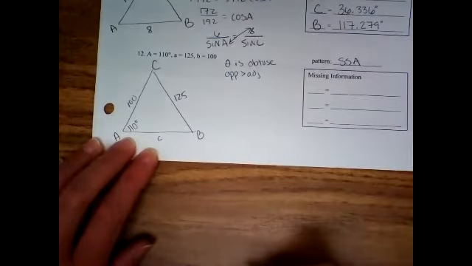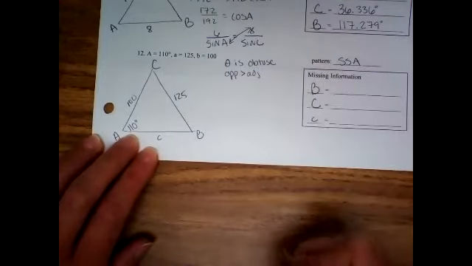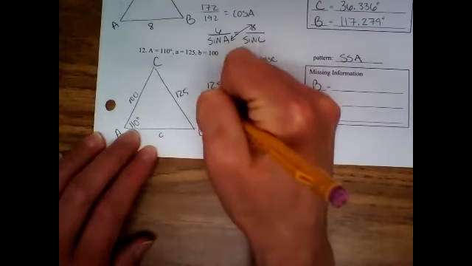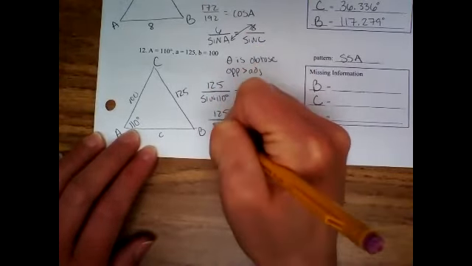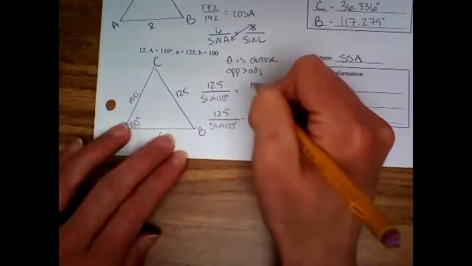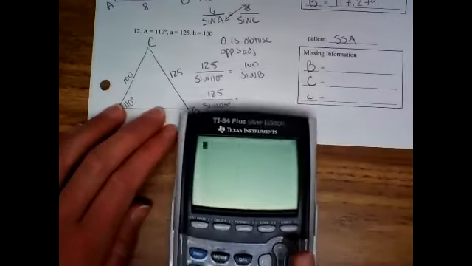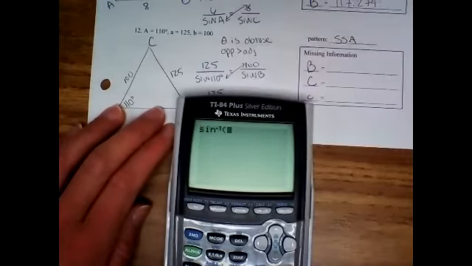Just do the problem. All right, so we are missing big B, big C, and little c. So I need a side across from an angle. I'm going to just go ahead and write that twice. And over here, I'm going to have 100 over sine of B. So hit second sine, since you're looking for the angle, and then cross multiply and divide.